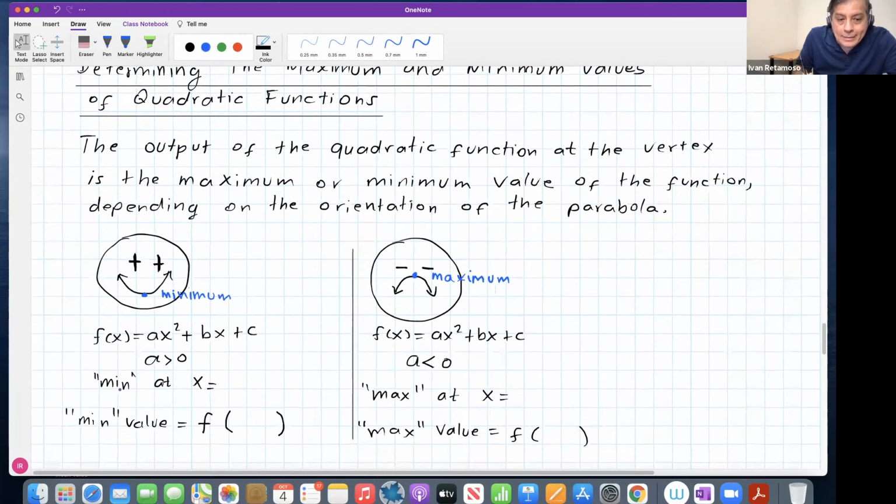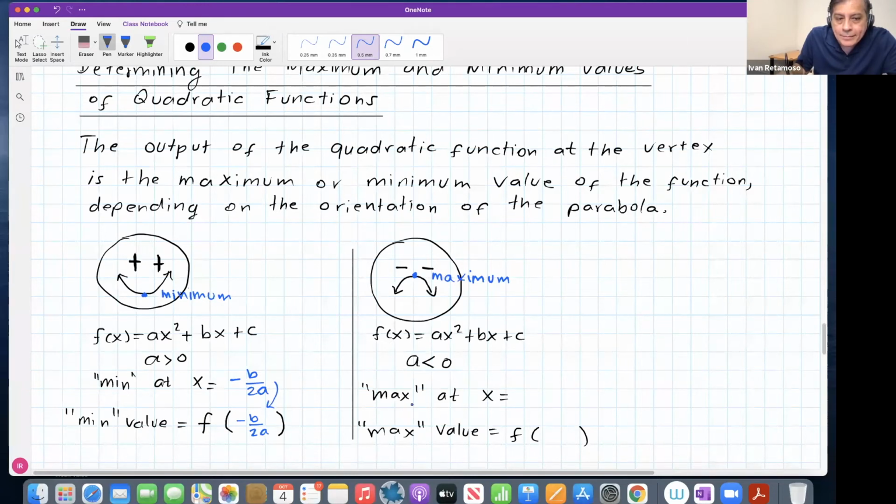So now this minimum will occur at x equal to -b over 2a, because it's happening at the vertex of the parabola, right? You see it, guys? And the minimum value, the actual minimum output value, should be the evaluation of this into the function, right? That's it.